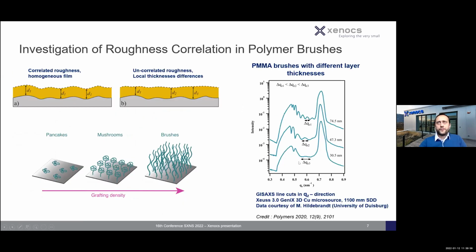And finally, the third example is on polymer brushes. This is work that was carried out by scientists from Duisburg University. They were studying the surface roughness correlation in polymer brushes. Substrate roughness correlation means the ability to replicate the substrate roughness in order to get very homogeneous films.